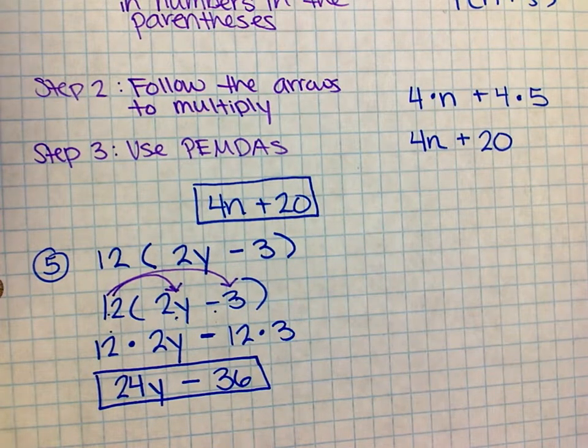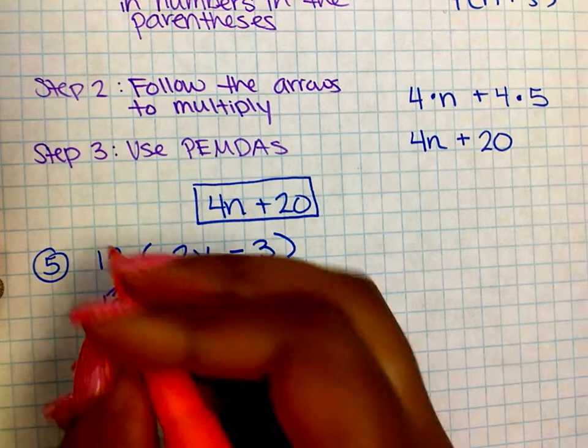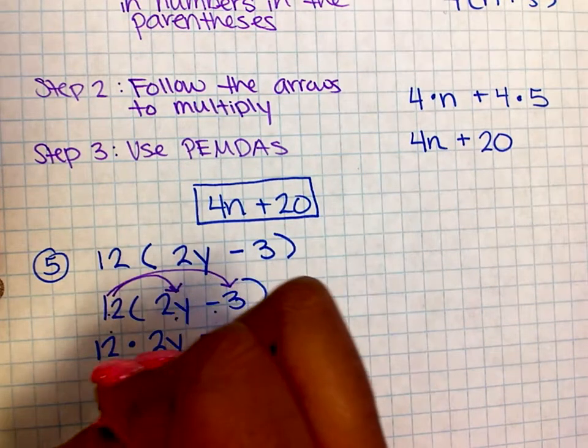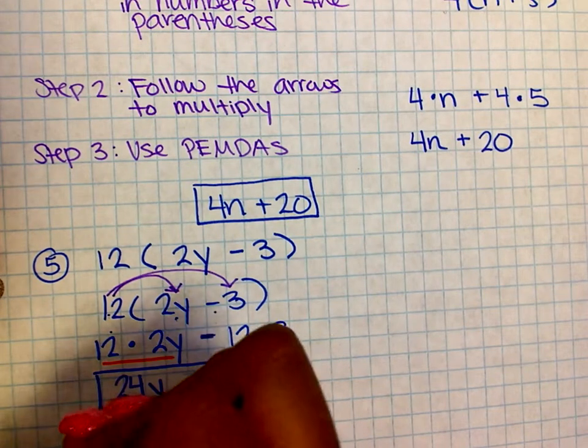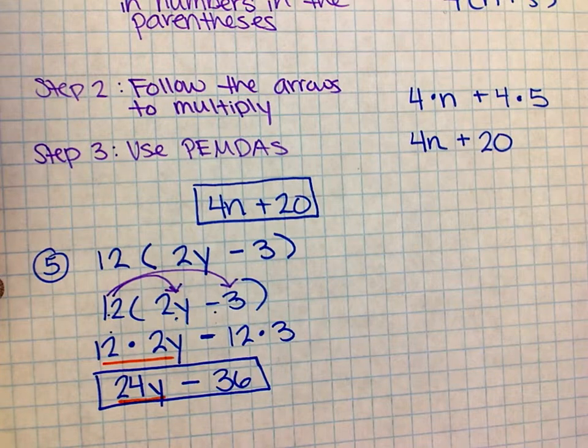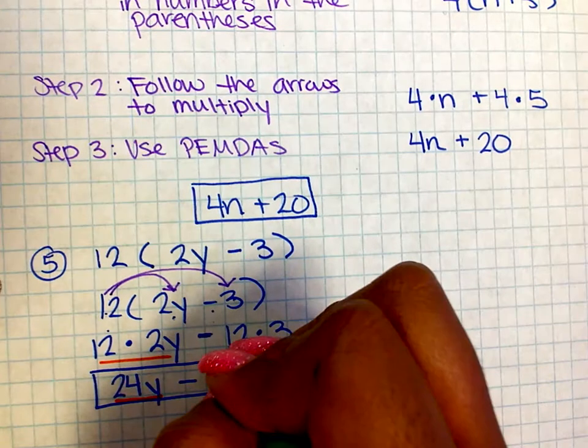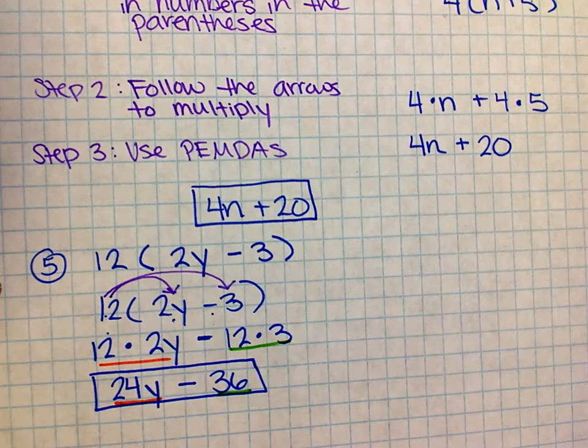The arrows really help. So right here, my 12 times 2y was my 24y. And my 12 times 3 was my 36.